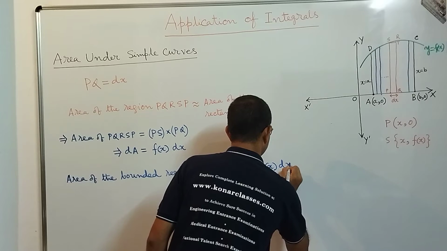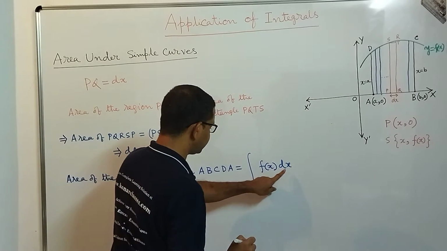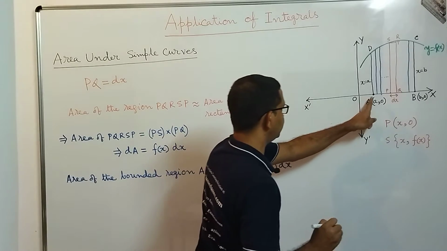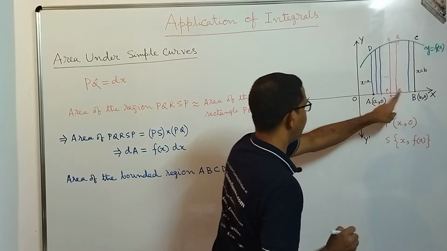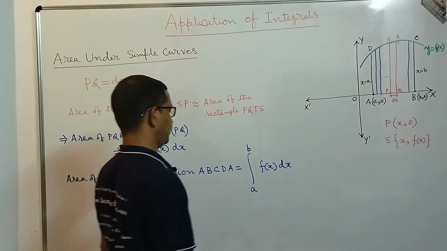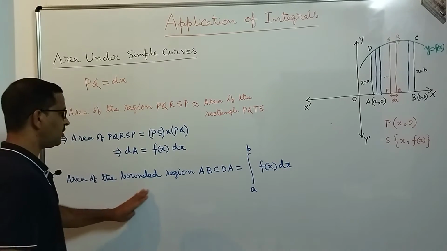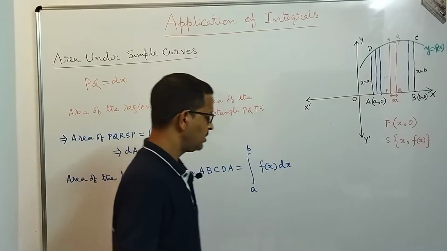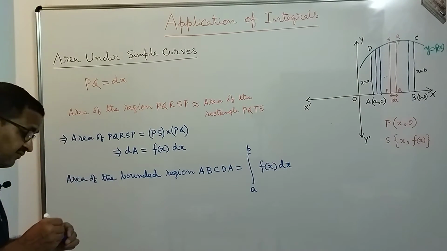The lower limit of this integration is a, because it starts from the point A and goes up to the point B. So it is the integral from a to b of f(x) dx. This is the area of the bounded region ABCDA. Okay, dear students, so that is the fundamental.